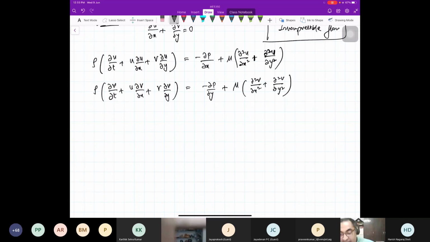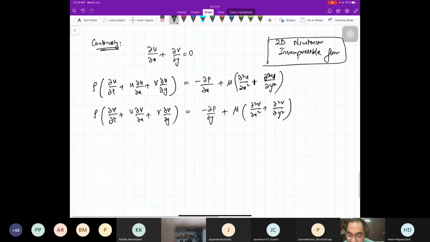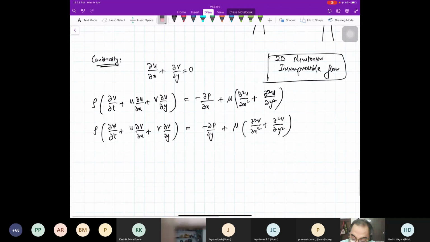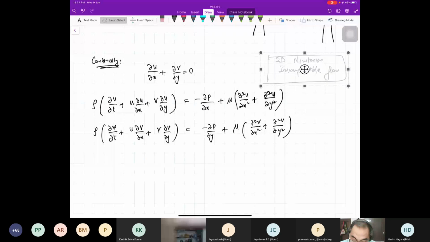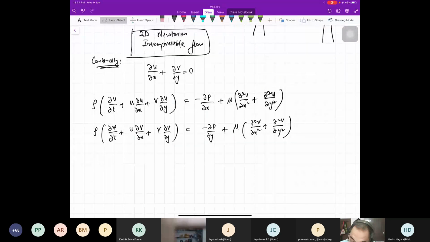Now let's look at this equation and understand what it is. We're writing it for a 2D Newtonian incompressible fluid. Let's call this equation 1.